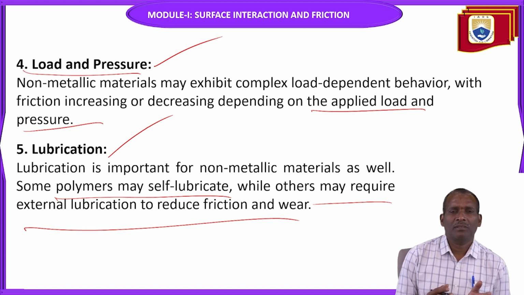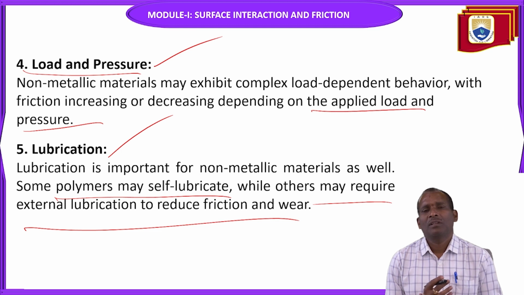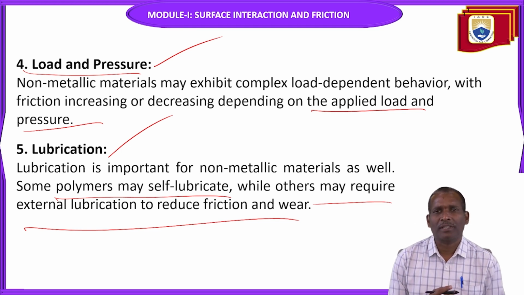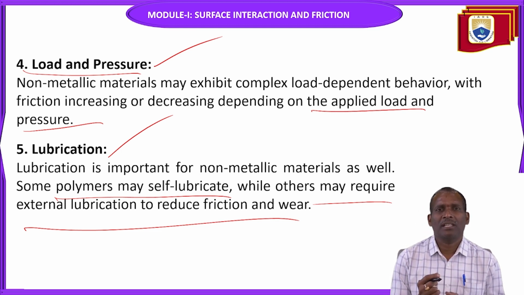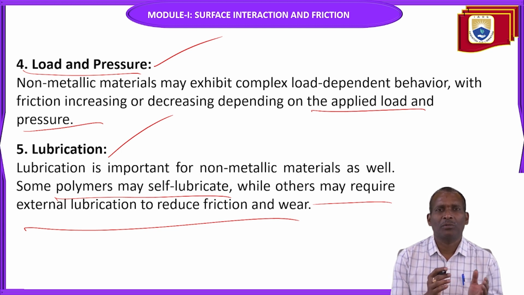Others require an external lubrication system to reduce friction and wear. Externally, oil is required to be pumped into the relative motion parts so that we can reduce the friction.